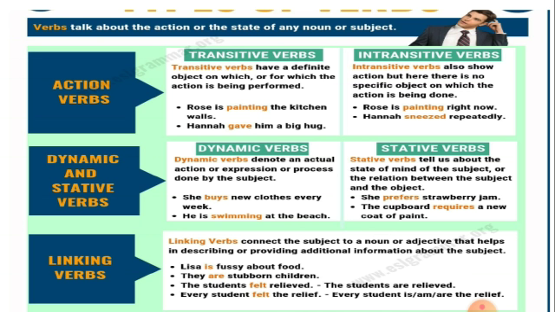Next, coming to the linking verbs. Linking verbs connect the subject to a noun or adjective that helps in describing or providing additional information about the subject. See the examples.